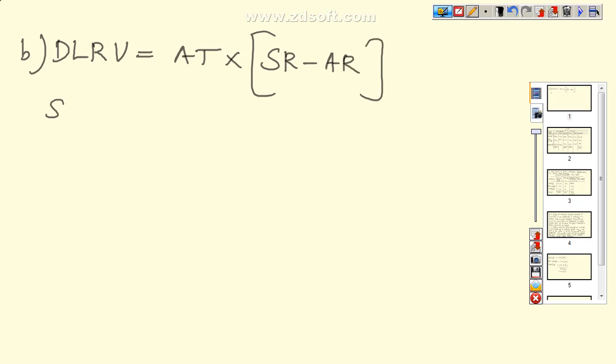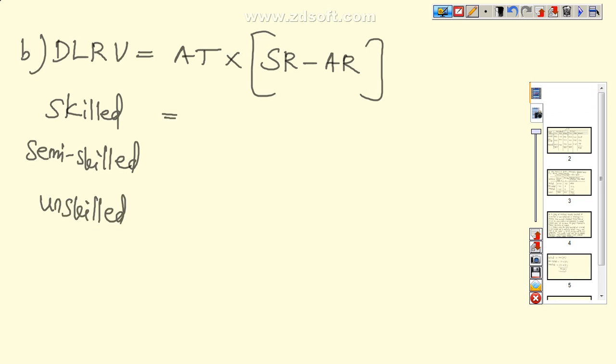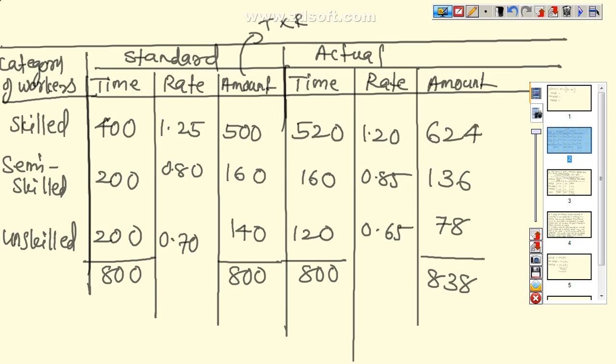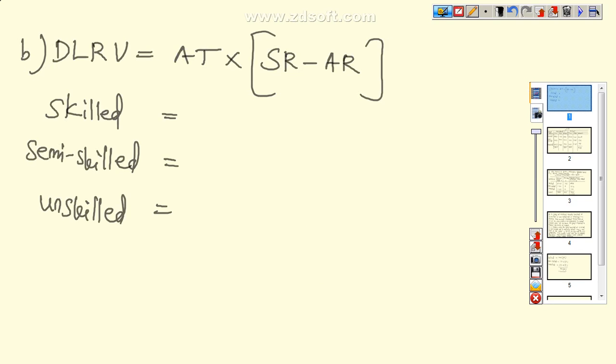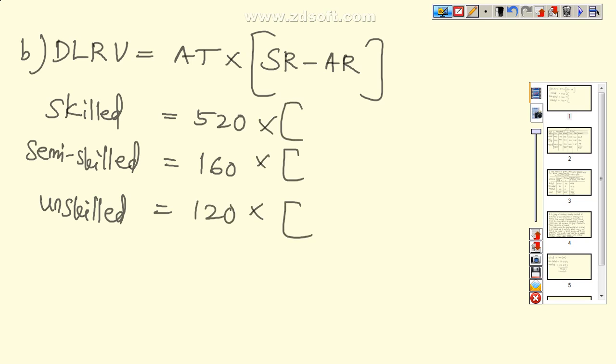So there are three categories of workers: skilled, semi-skilled, and unskilled. That is equal to actual time according to this table, 520, 160, 120, multiplied by standard rate minus actual rate.